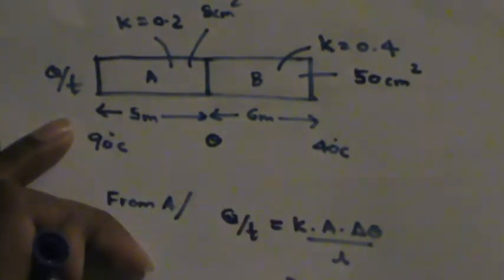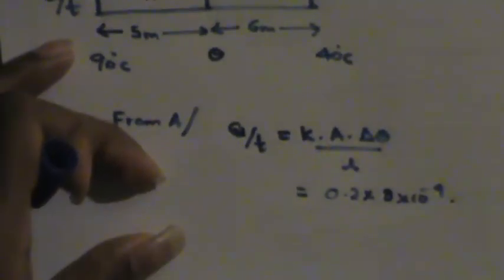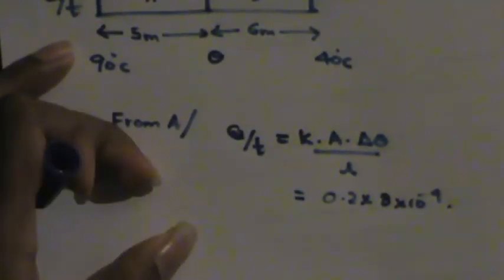Both power and energy are scalars, so to avoid getting a minus value, we deduct the lesser value from the greater, so this will be 90 minus theta, divided by L, which is 5. So this is 0.2 times 8 times 10 to the power minus 4 divided by 5.